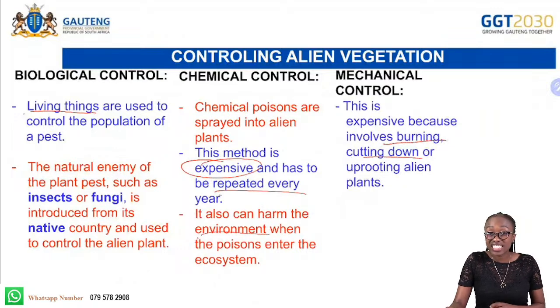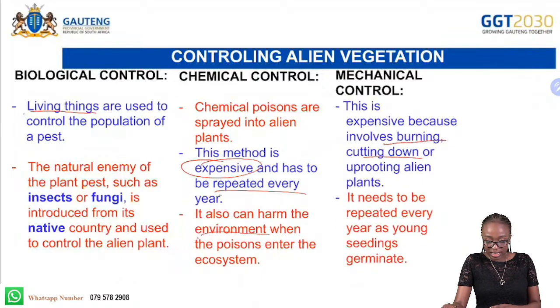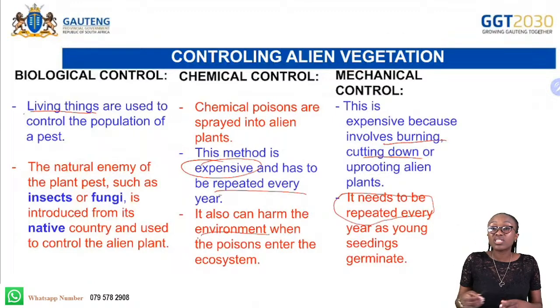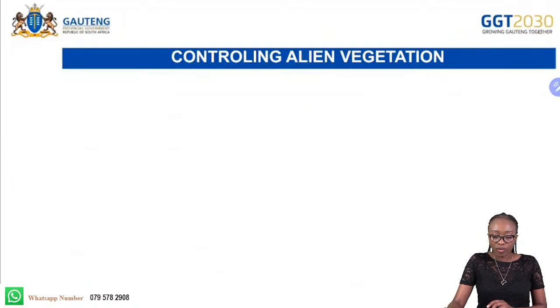So it is physically intensive. And another disadvantage is that it also needs to be repeated every year, because the young seedlings that maybe would have been missed are going to germinate, and some seeds are capable of staying dormant through winter months and then germinate in the summer months. So it needs to be repeated on an annual basis.